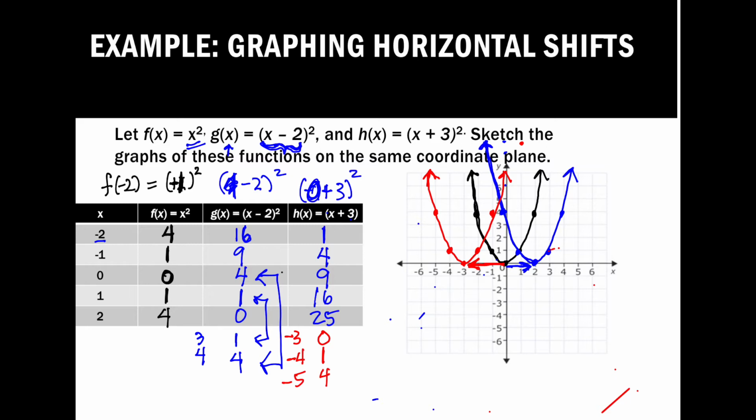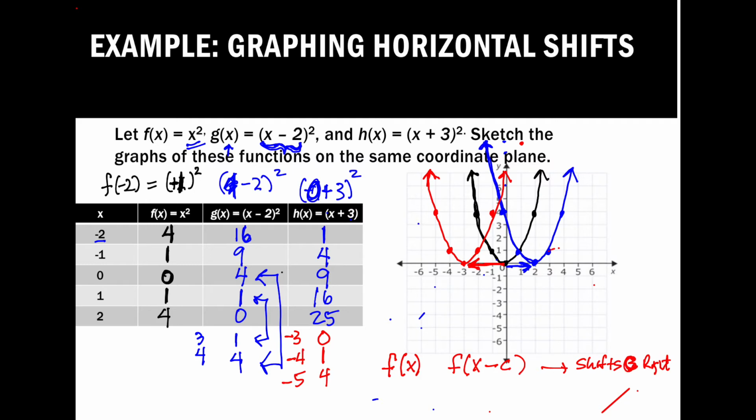So let's look at some generalizations of the pattern that we're seeing there. I'm going to write this here. If we have f of x as our first equation, f of x minus c shifts 3 to the right, or c to the right, not 3.